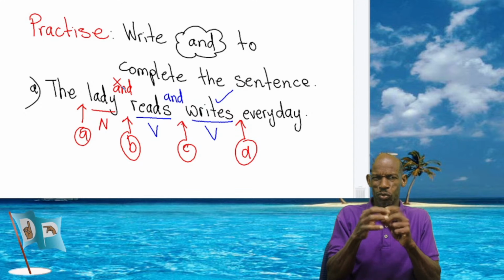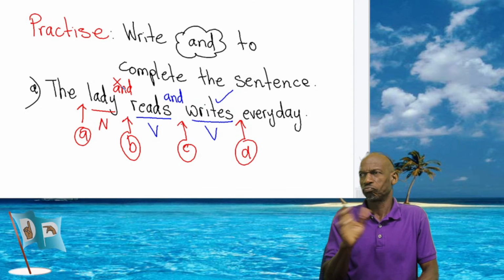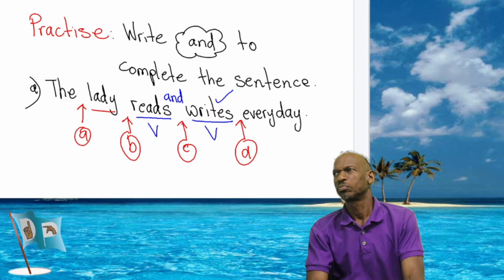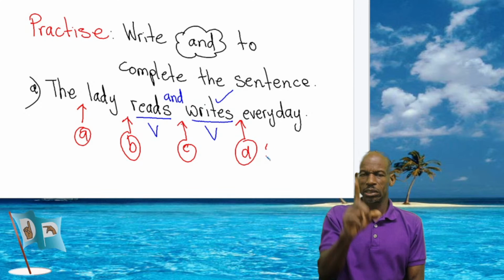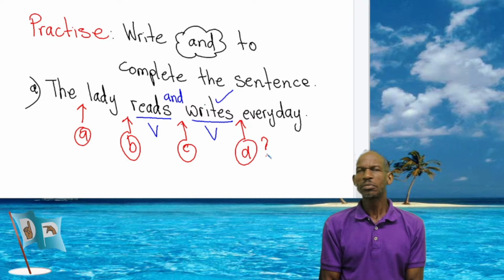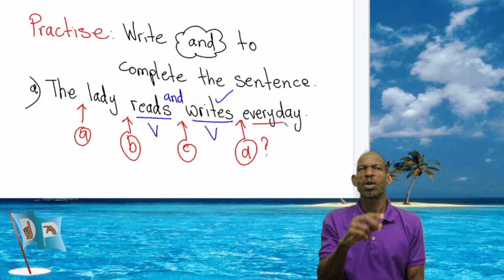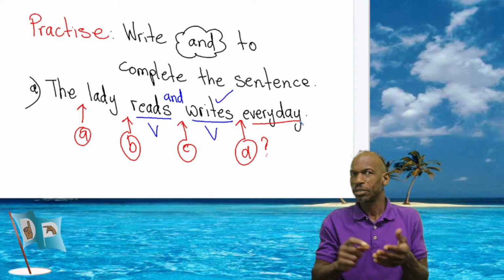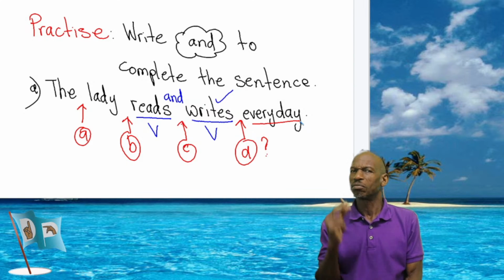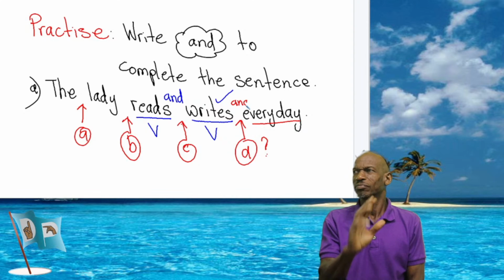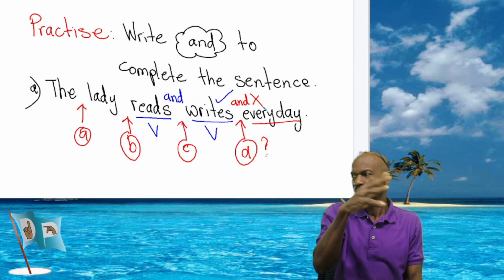Okay? Again, why am I not putting it by D? Because write is a verb and every day is not a verb. So I cannot put "and" here. If I put "and" here, it is wrong.